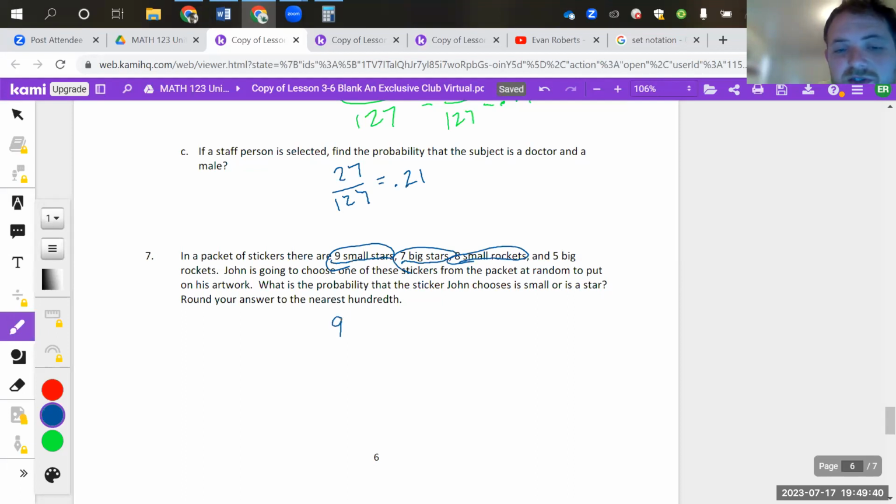So I believe we can just do this by 9 plus 7 plus 8, all divided by the total of 29. Which it looks like that would be 9 plus 8 plus 7 is 24 out of the 29. So yep, you could do it like that. If you divide those two, I think you get 0.83.